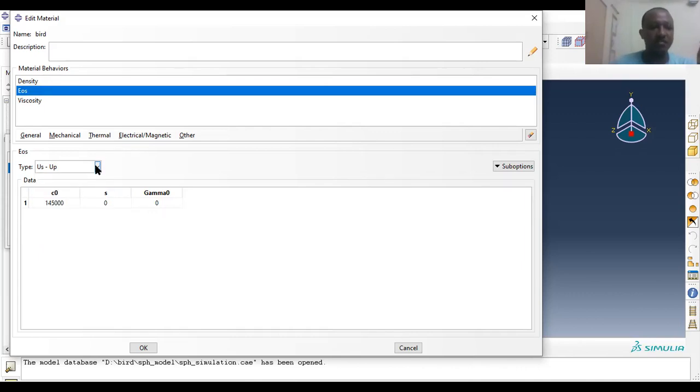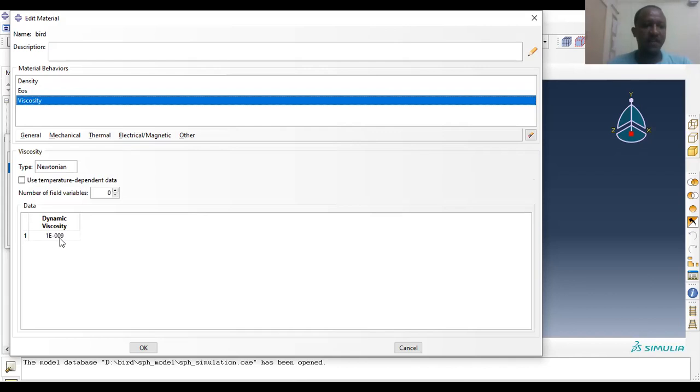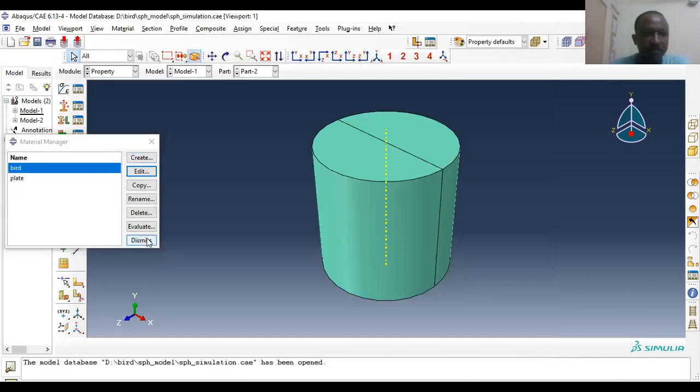That is the most common method people use for this modeling. Viscosity of a very small amount, 1 times 10 to the power of minus 9, is considered as the dynamic viscosity. So these three material properties are considered for the bird model.